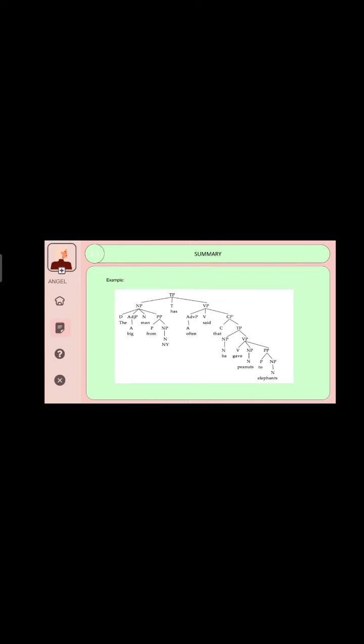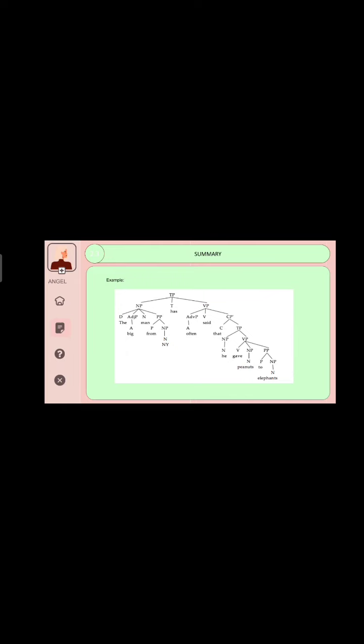So in this example sentence, we can see all the rules shown earlier. So we have here the example. The sentence is, "The big man from NY, or New York, has often said that he gave peanuts to elephants." So the tense phrase is noun phrase.